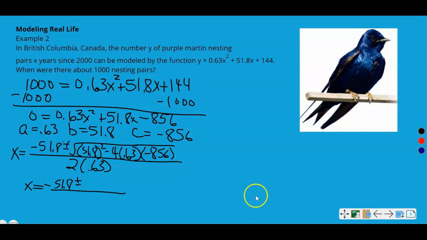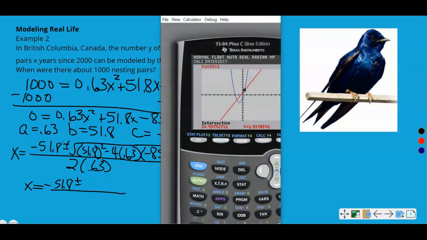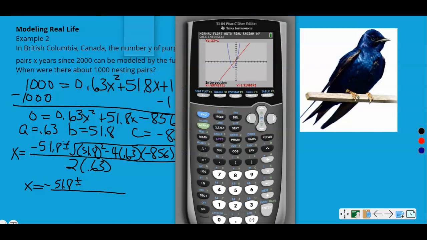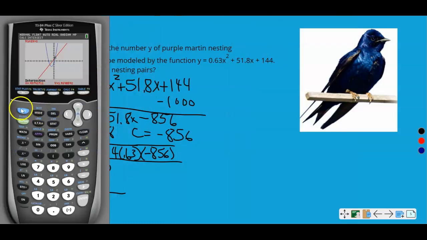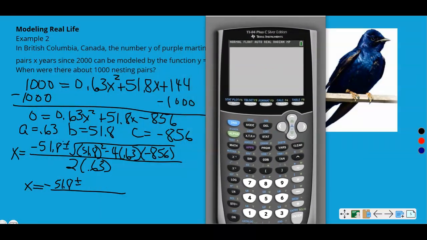Let's see if I can do that in one big step. All right, got everything cleared out. I don't need to be graphing right now. I just need my calculator. Remember the discriminant is the part underneath the square root.